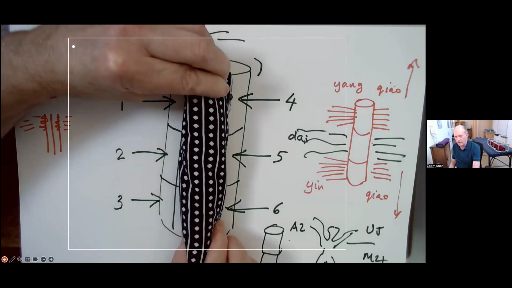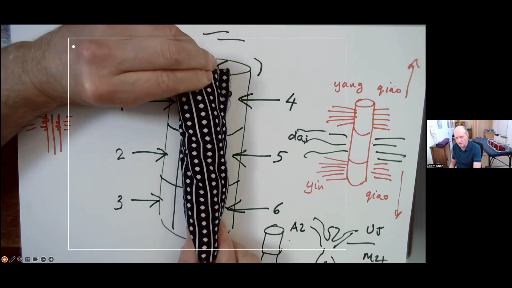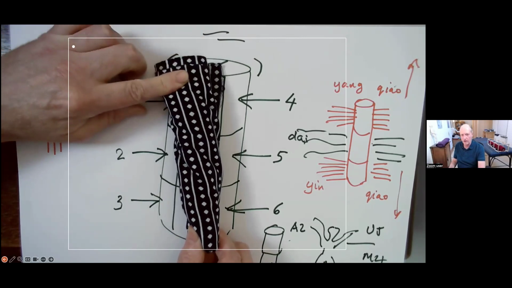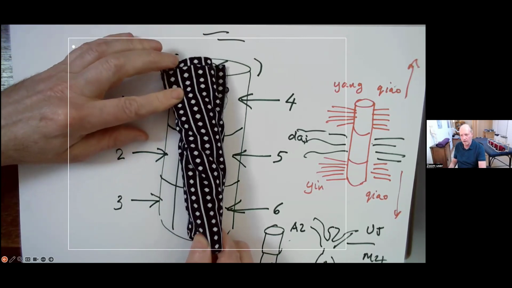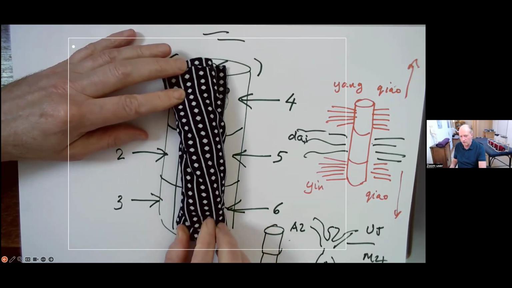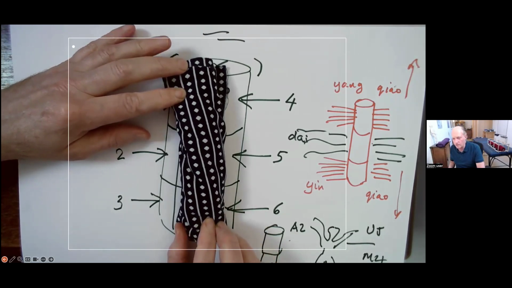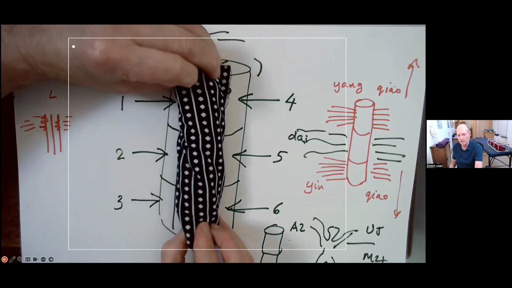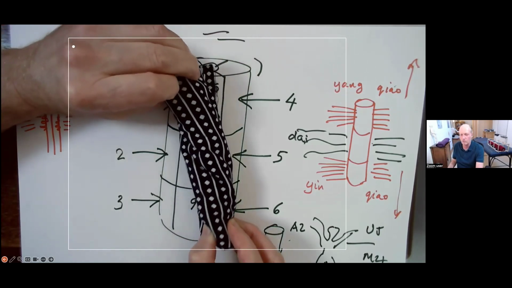So the way it can kink is like this. Imagine I'm twisting it like this. Can you see how it starts to deform? And it starts to go out at the top and at the bottom at the same time. I'm absolutely certain, having done this for a while now, that this is actually happening, that it does kink in this way. You just feel it, and it sort of feels knotted.